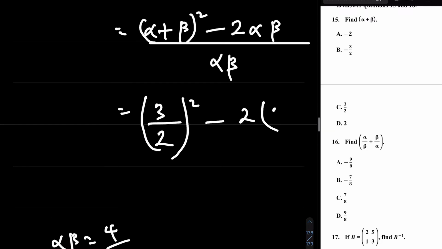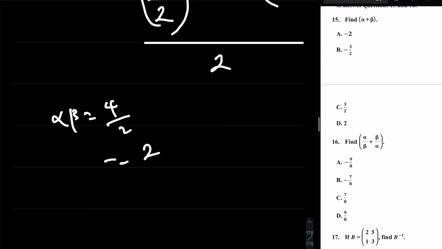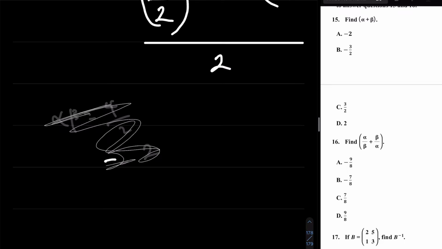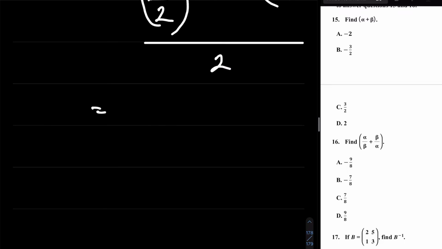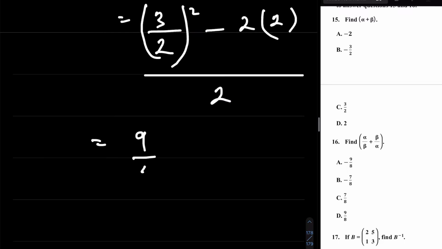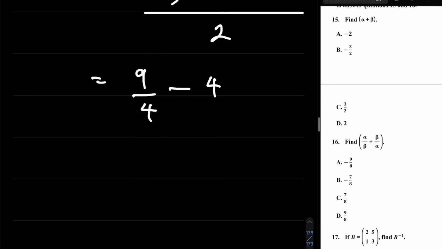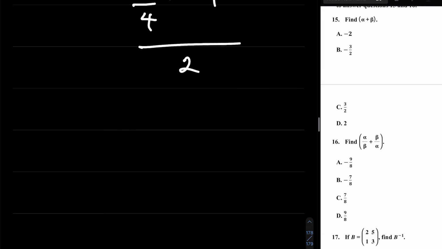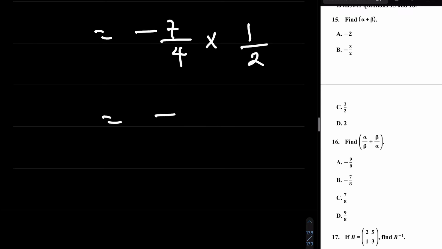So minus 2 alpha beta means minus 2 times 2, all over alpha beta, which is 2. We can erase this, and that simply means 9 over 4 minus 4 all over 2, which means minus 7 over 4 divided by 2, means times 1 over 2, and that's minus 7 all over 8.